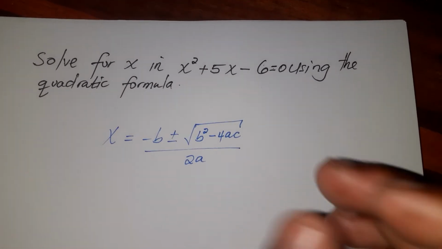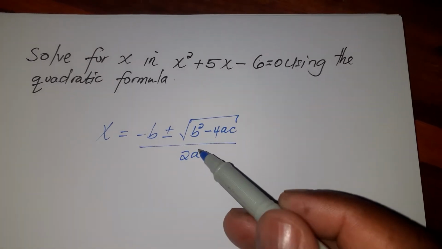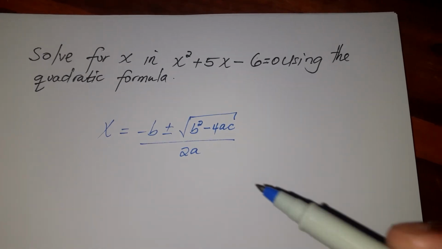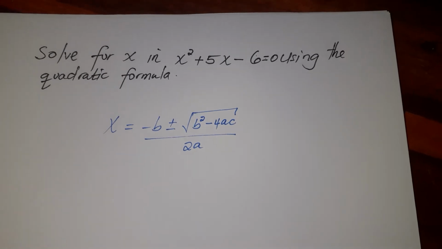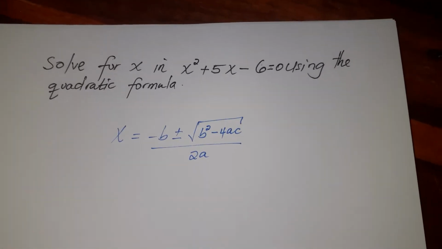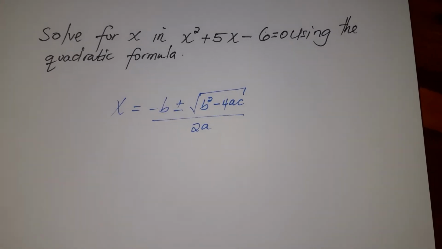If you want to know how to obtain this quadratic formula, I made a video on how to derive that formula by completing the square on the general quadratic equation.